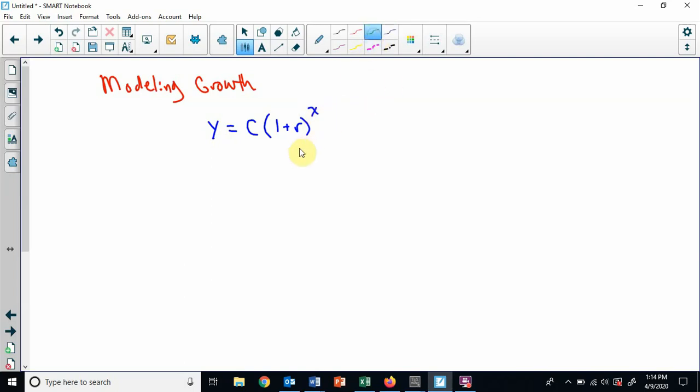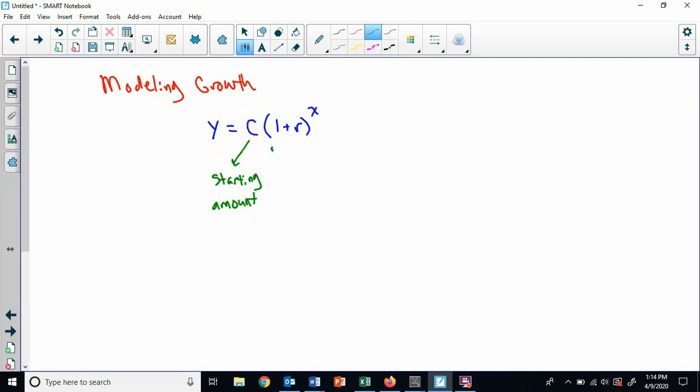Now let me label these pieces. C is your starting amount. So you started with $5, you put it in a savings account, and how much is it going to grow? There's your $5.